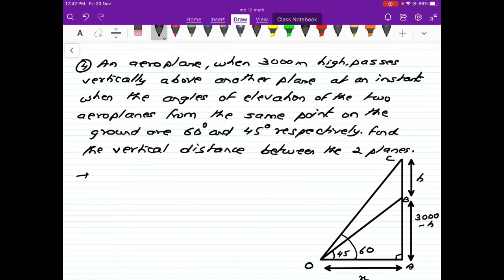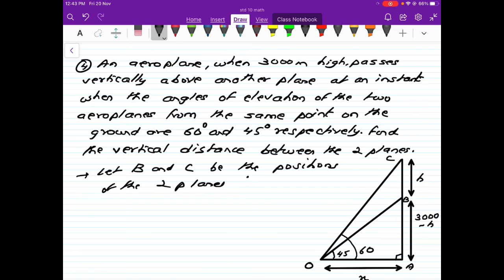So what we will do is we will just draw a diagram. Let B and C be the positions of the two planes vertically above point A on the ground.